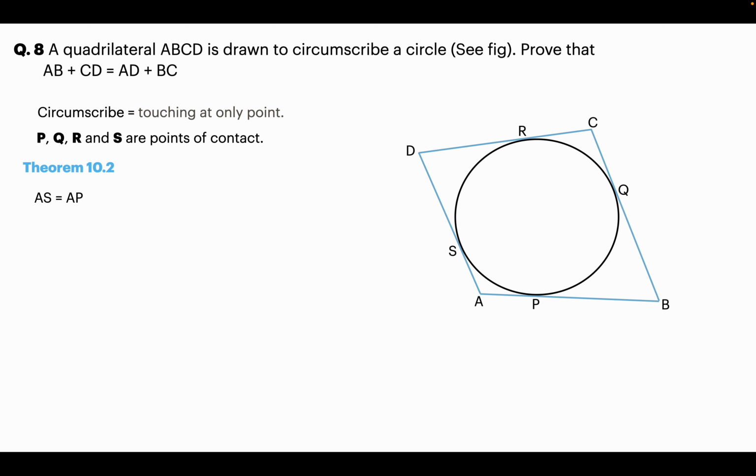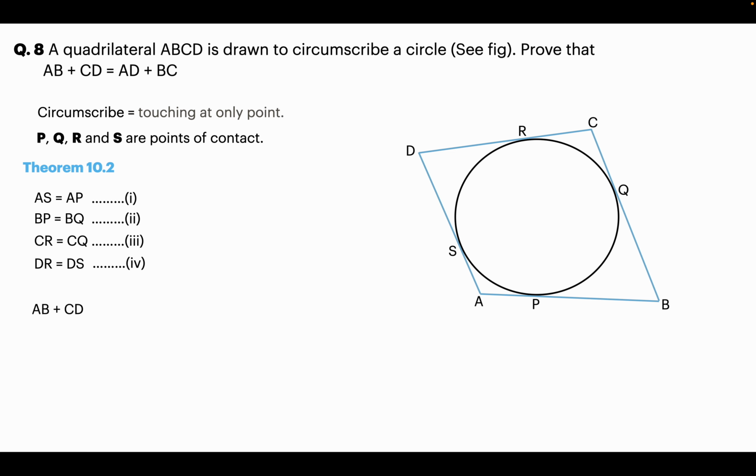So if we take this segment, AS is equal to AP. Let's say this is expression 1. Then BP is equal to BQ. Let's say this is expression number 2. CR is equal to CQ. This is expression number 3. And DR is equal to DS. This is expression number 4.